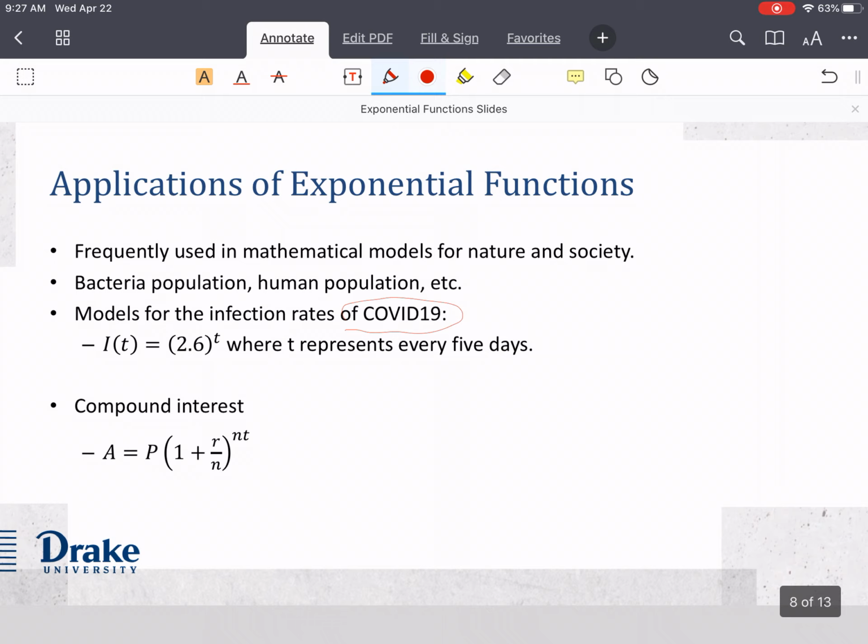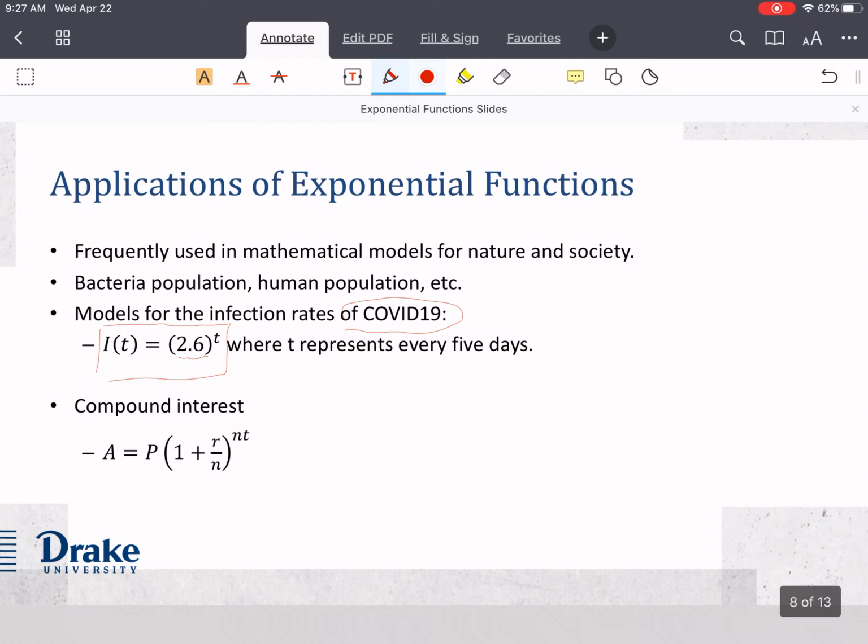One model that I wanted to bring up is that healthcare officials in Italy modeled the COVID-19 infection rates, and they realized that it's modeled as 2.6 to the t, where t represents every 5 days.